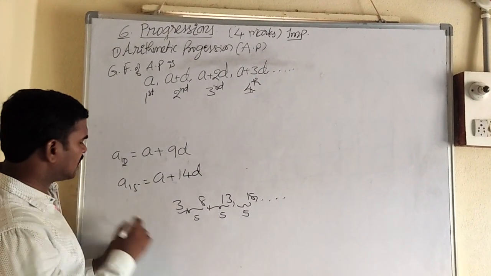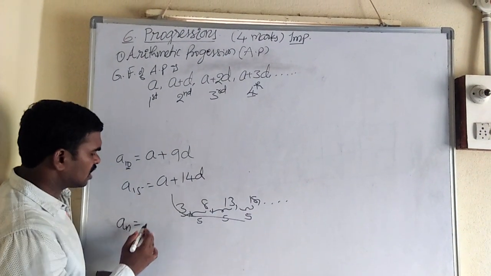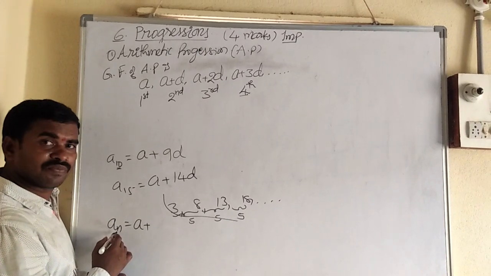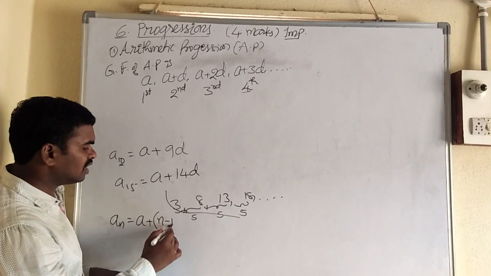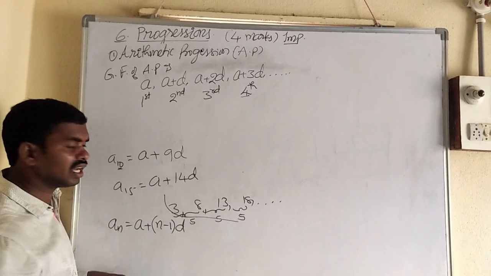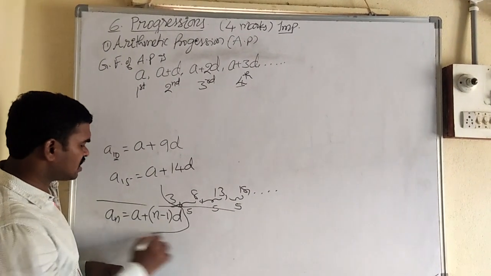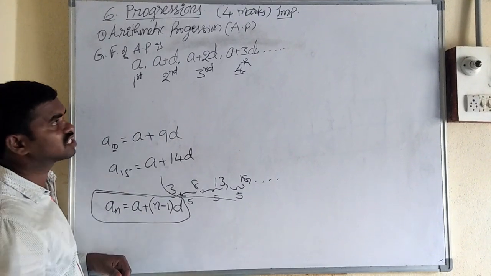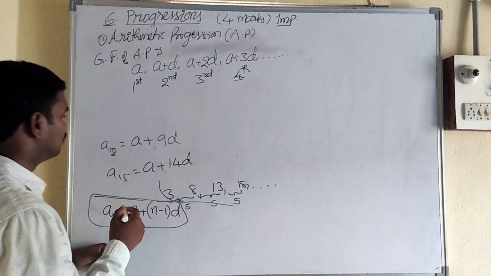So like that, the nth term an equal to what? A plus is common and n is there. We have to write 1 less than n. So that means n minus 1. Okay na? One less than n. So n minus 1. So this is, we can say that the nth term of arithmetic progression is A plus n minus 1 into D. So in this way we can derive the nth term formula also.